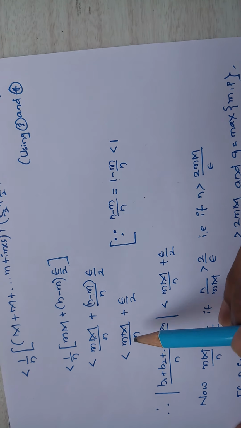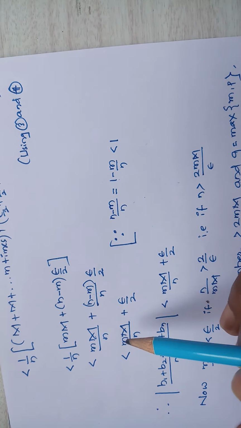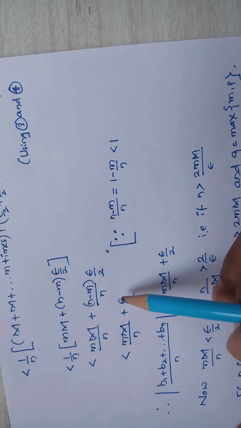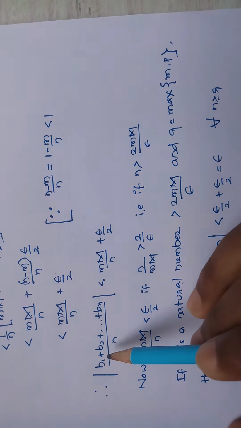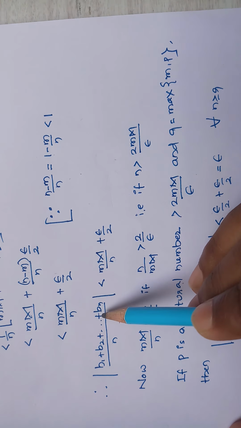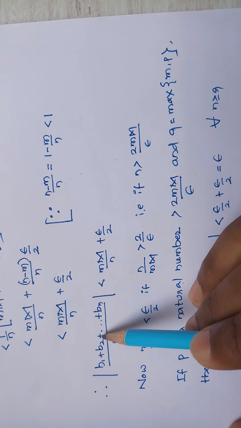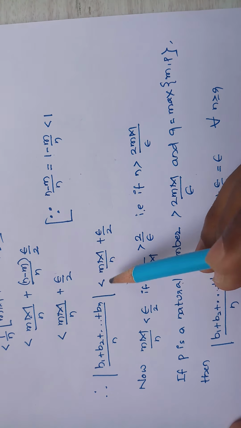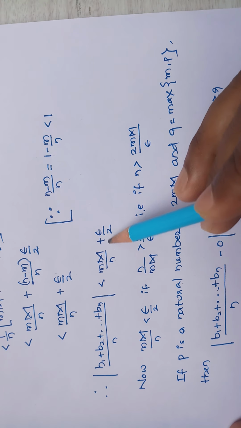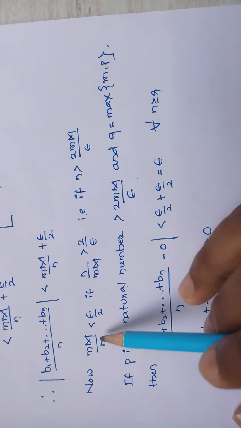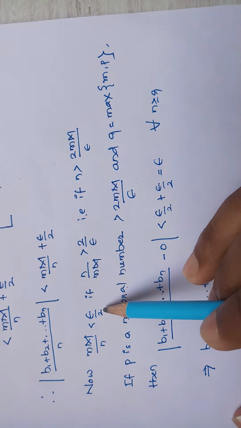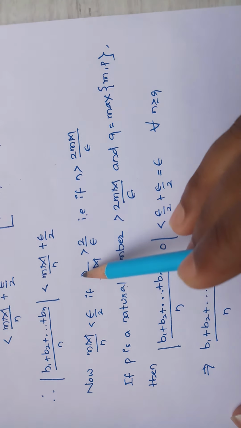So this becomes m into M divided by n plus epsilon by 2. Therefore b1 plus b2 plus so on bn divided by n is less than m into M divided by n plus epsilon by 2.